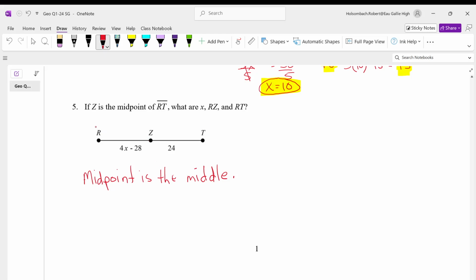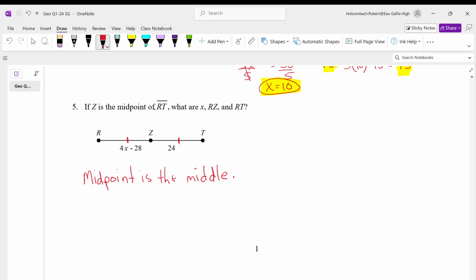Z is in the middle of R and T. Another way that you'll see this, these little marks on a segment are called tick marks. Tick marks mean the segments that are marked with one tick mark are equal to each other.